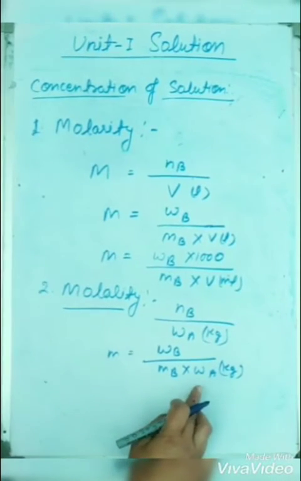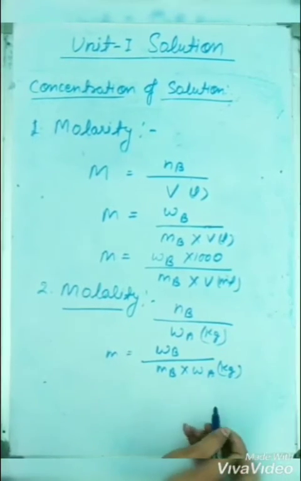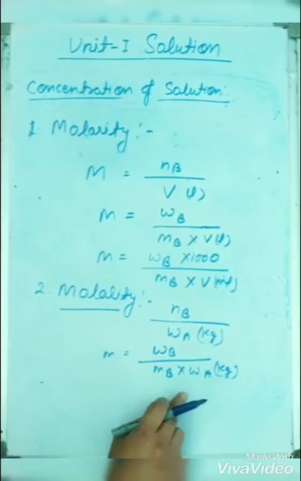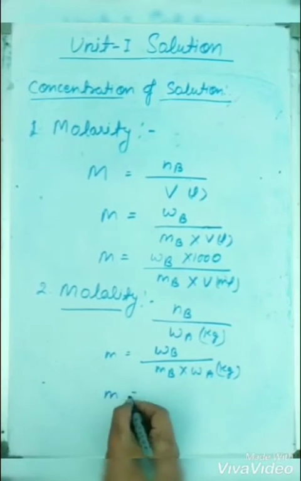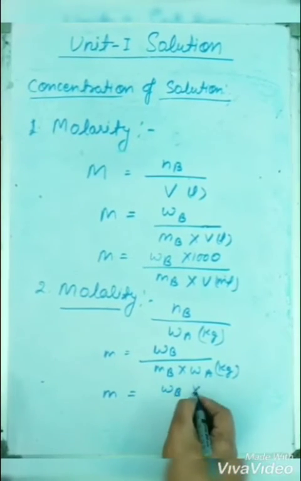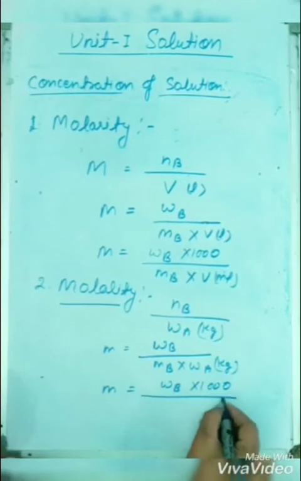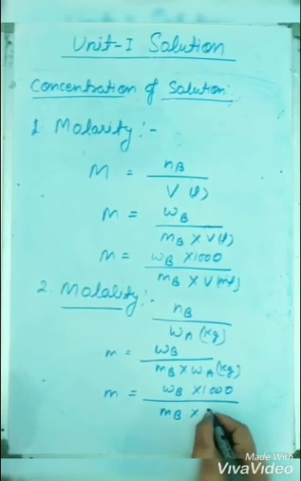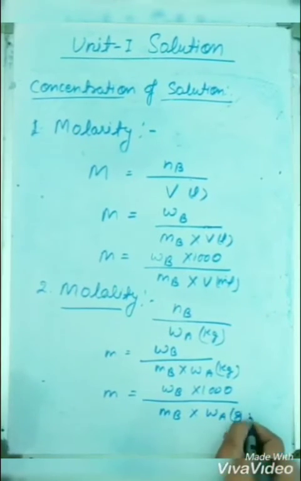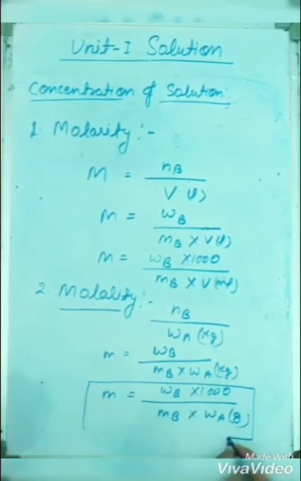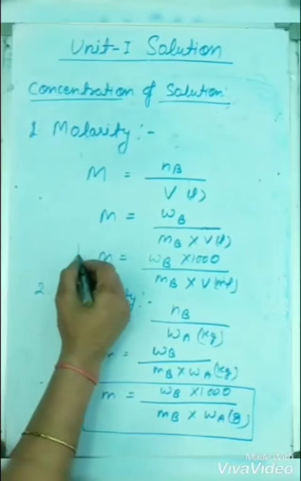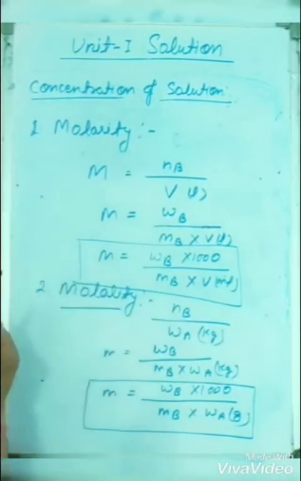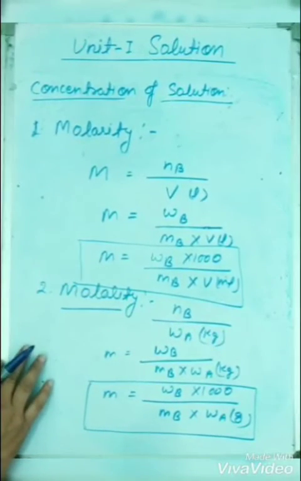If we take the weight of solvent in gram, then we multiply this formula by 1000. So this is the formula of molality and this is the formula of molarity to find the concentration of the solution.